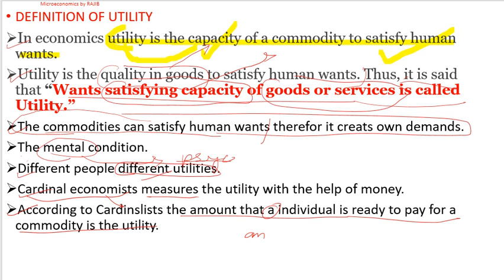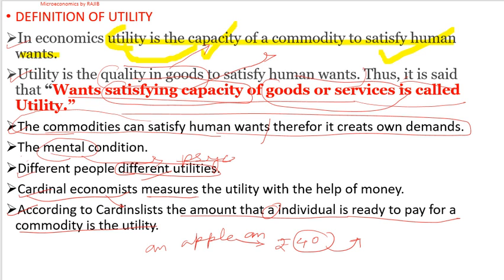is the utility. Suppose I want to eat an apple, so I have a great appetite for the apple, therefore I am ready to pay rupees 40 for that apple. So this rupees 40 is the utility for me.